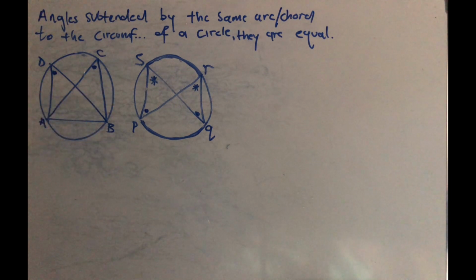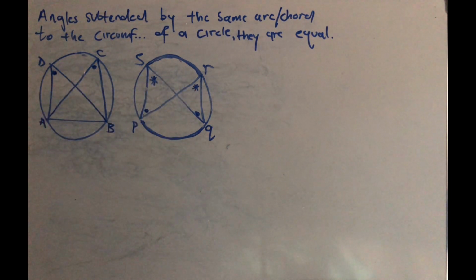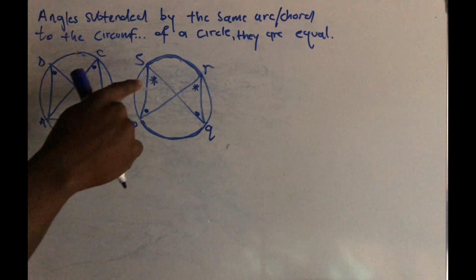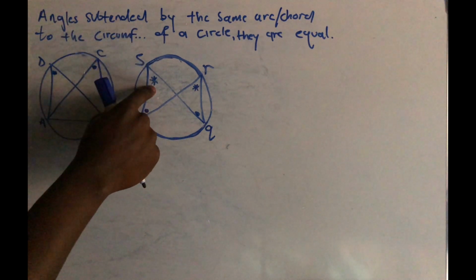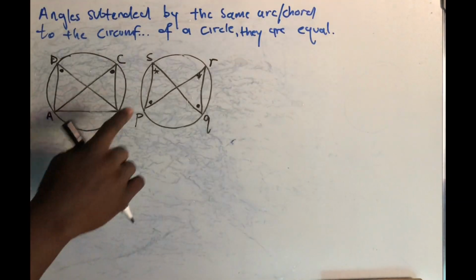So your reason in this case for saying this angle is equal to this angle. I'm not going to prove this theorem, but if you want me to prove it, you can say so in the comments, then I'll make a plan for you.